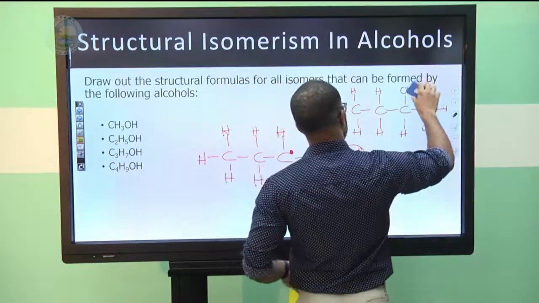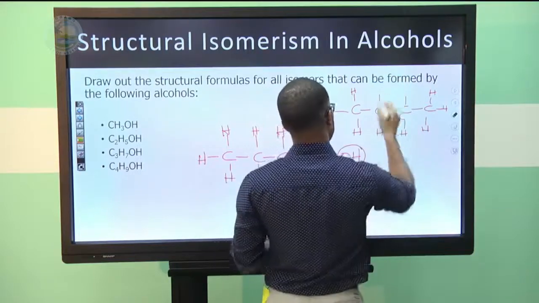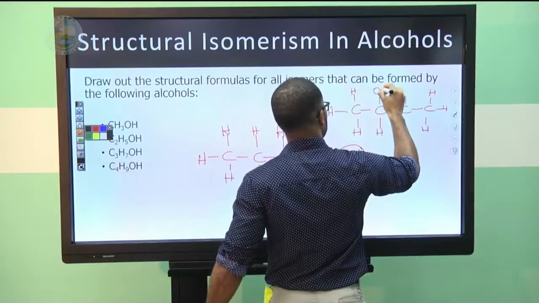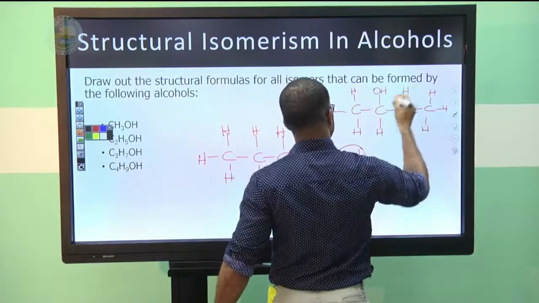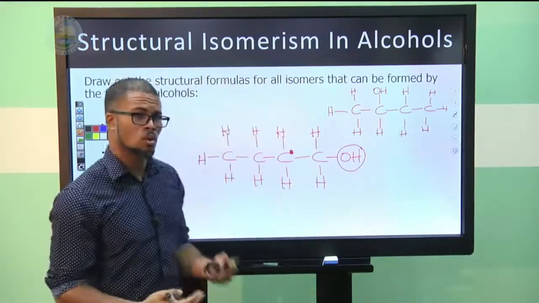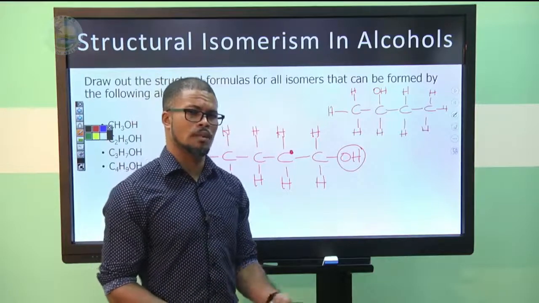All right, so I'm just erasing this OH group, and instead I'm going to put it on this carbon that we have here, which is OH, and place the hydrogen here. All right, now in placing that OH group, that functional group there, is it different than the one we had before?